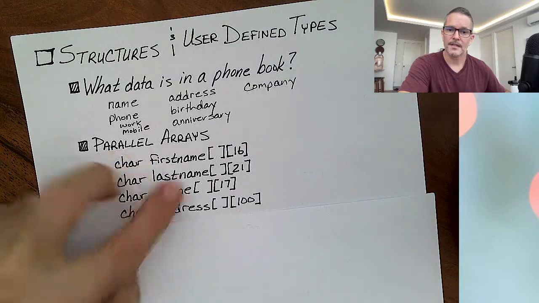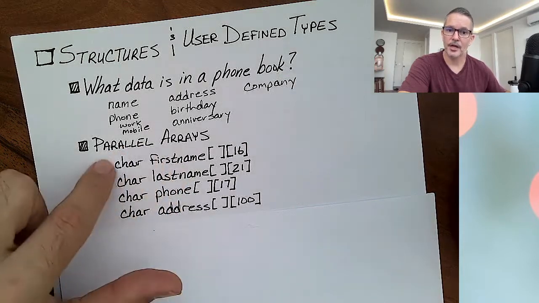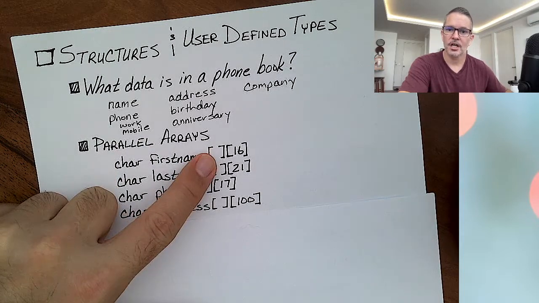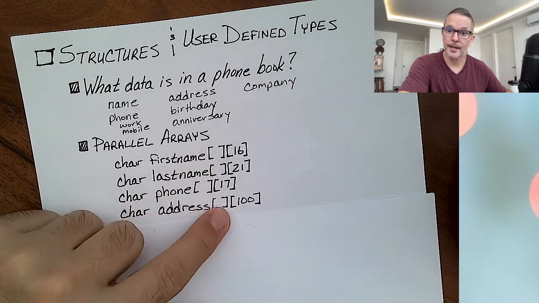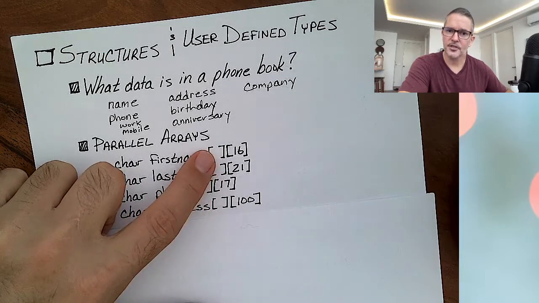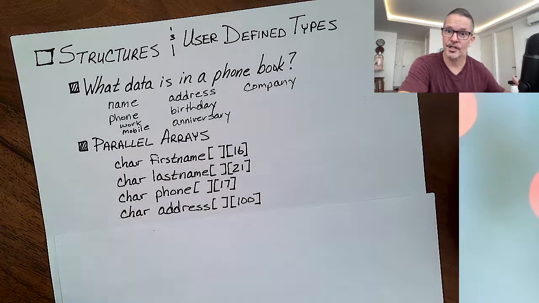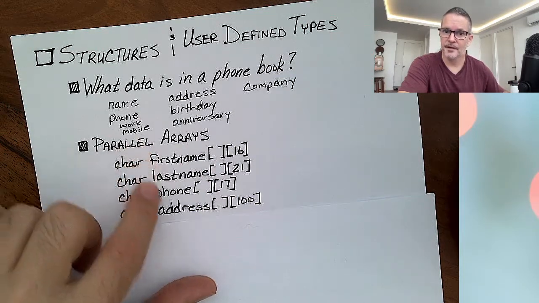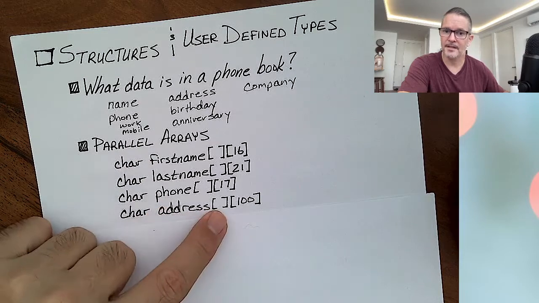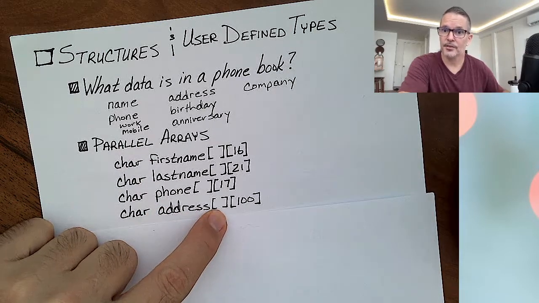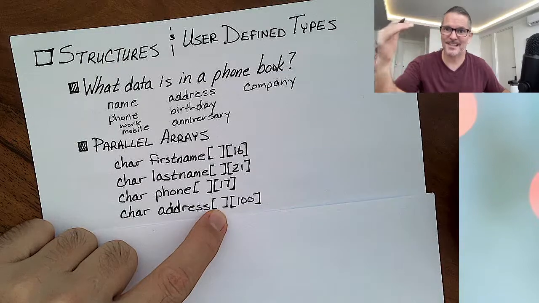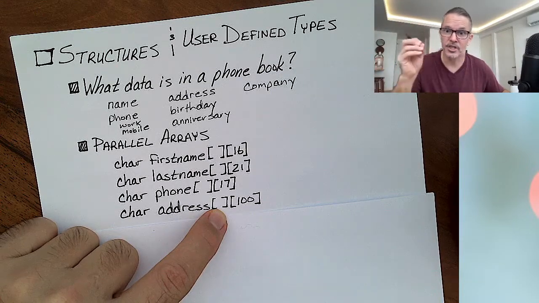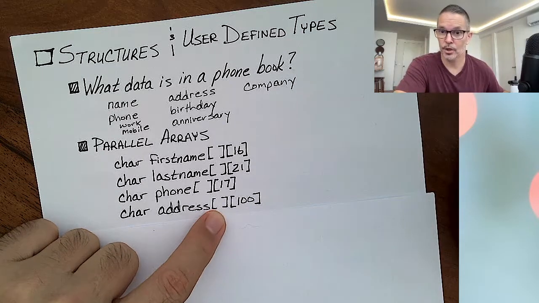So the entire phone book is represented by a group of arrays where each multi-dimensional array, the first dimension is the entry in the phone book. And then, we have several different arrays where if we want to access all the information for a given entry, we have to access several different arrays, one array for each element in our phone book.